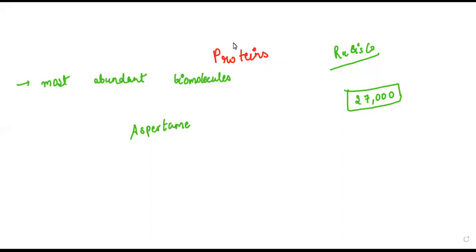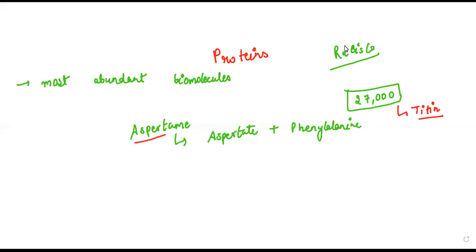It is an artificial sweetener made up of two amino acid residues, aspartate and phenylalanine. And the one consisting of 27,000 amino acid residues is a protein named titin. This is important. Rubisco is asked many times in exams.